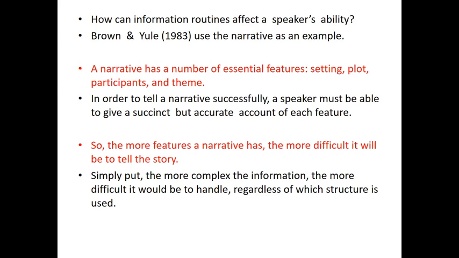In order to tell a narrative successfully, a speaker must be able to give a succinct but accurate account of each feature. Where it took place, what are the stages or the steps of it, the plot, who were the participants, and what was it about.